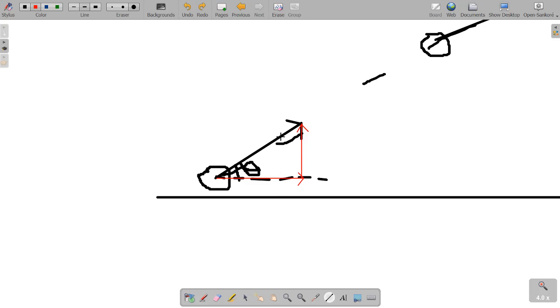This is the vertical component. I'll put the velocity as V. So at the start, this will be V sine theta, and this will be V cosine theta.